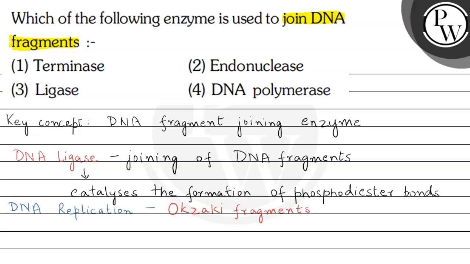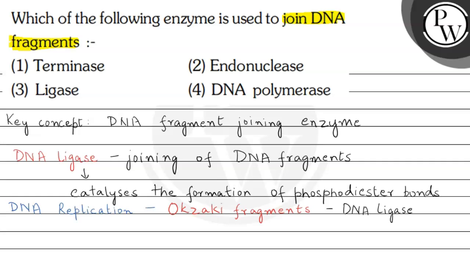Now, these Okazaki fragments need to be joined together at the end of DNA replication so that the entire lagging strand can be present. So, this joining of the Okazaki fragments after DNA replication is done by the enzyme DNA ligase. So DNA ligase plays a major role during DNA replication for the synthesis of the lagging strand.